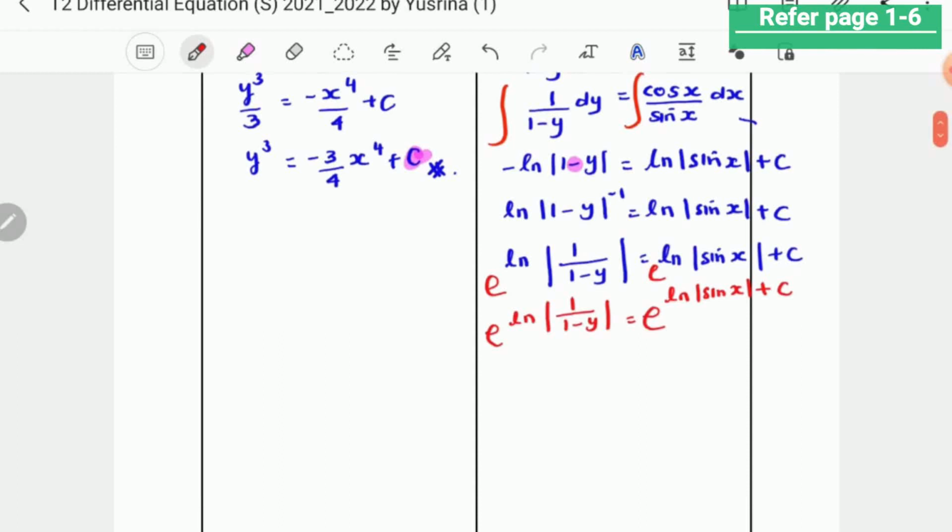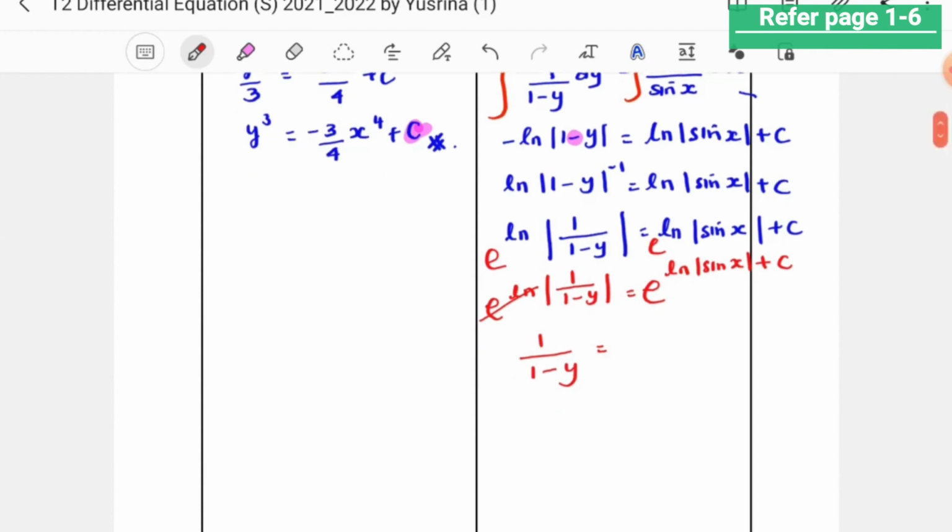By using the properties, we can simplify. Simplify e to the ln, we get 1 over 1 minus y equals e to the ln sin x plus c.